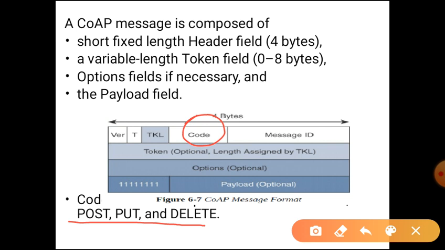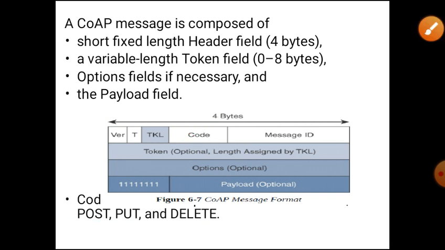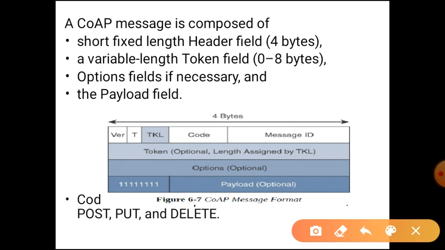If it is a response message, then the code contains a response code. So that is about the code field. Then we have a message ID. Every message has a unique message ID that is indicated by this field.